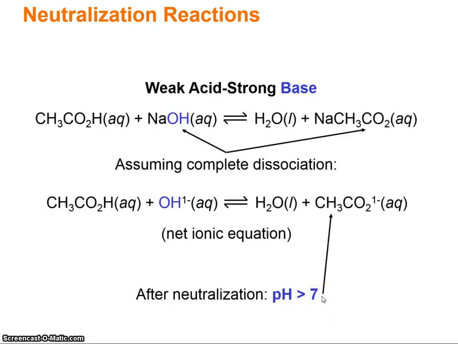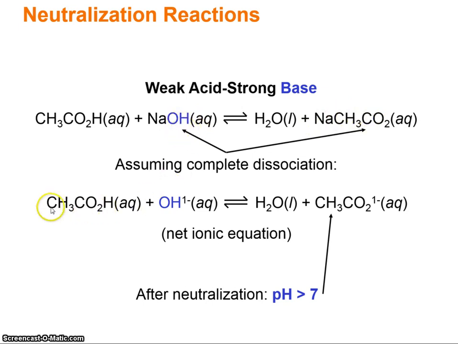So something like acetic acid over here and sodium hydroxide. Well, I'm still going to form water, but now I've got sodium acetate as the other part. We're going to assume that this completely dissociates.